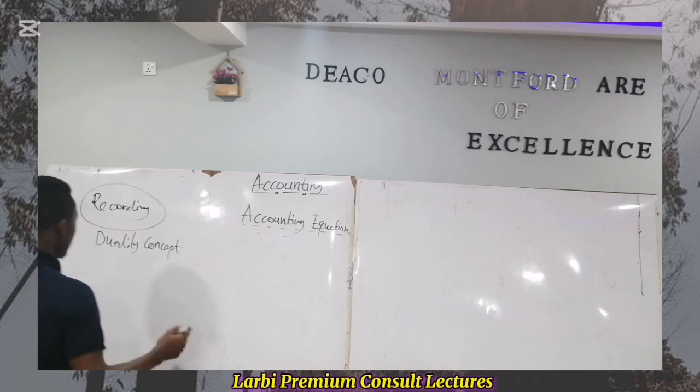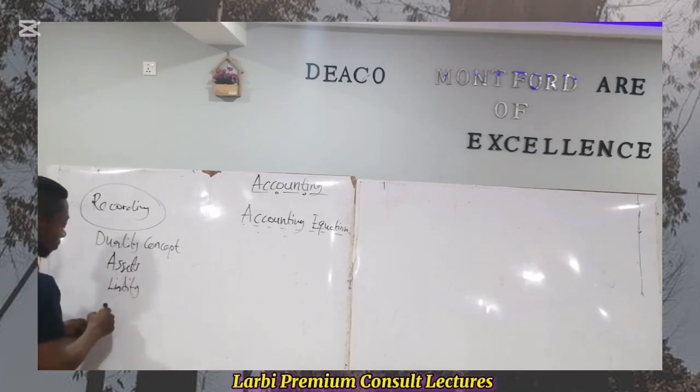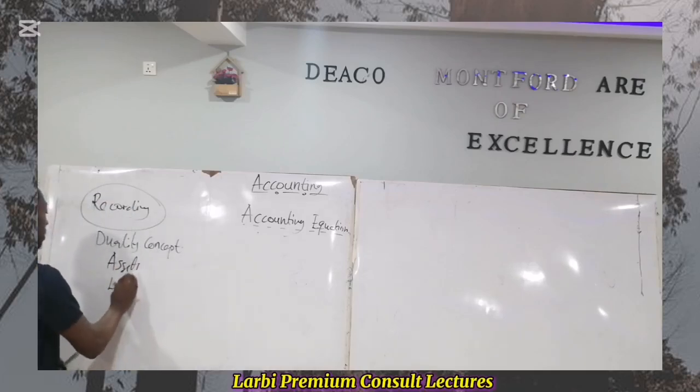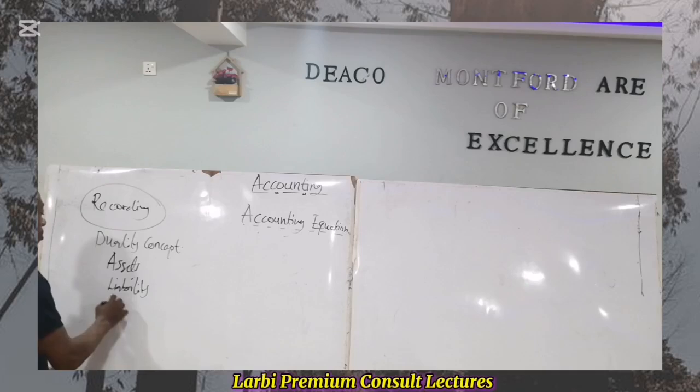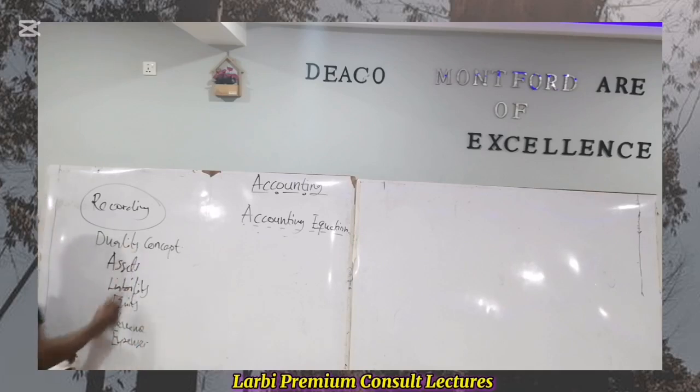These elements are assets, liabilities, equity, revenue, and expenses.